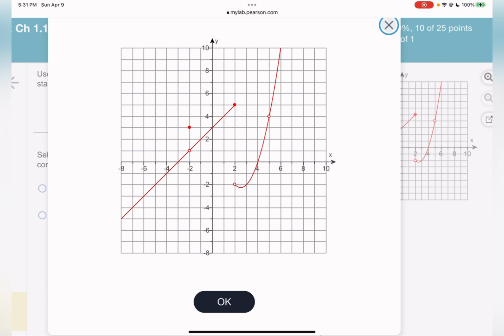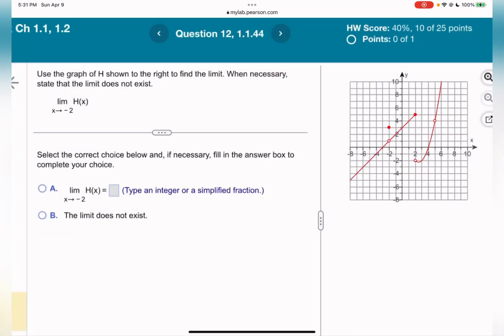If you look at this right-sided graph, it's falling out. It's not our interest because we're looking at -2. The point is laying completely on the linear graph. So from both sides, right side, left side, it's going to be the value of +1 this time. Okay, I'm right, +1. So we put 1.